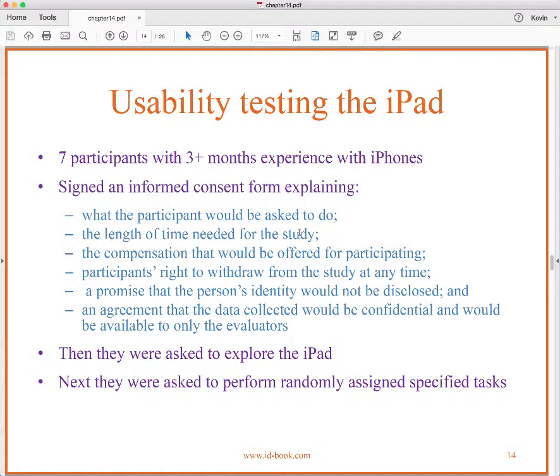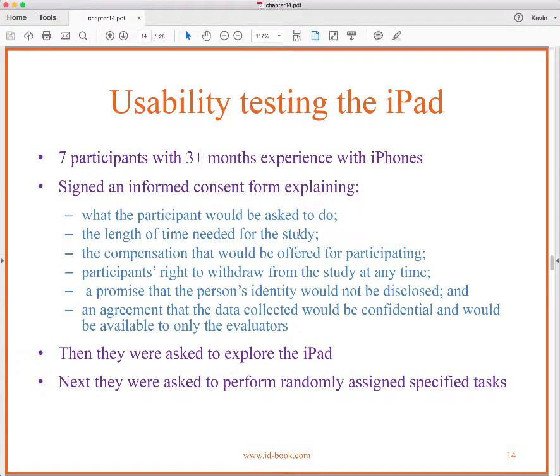There's a great story, I'll call it, in the chapter about usability testing with the iPad. And a couple of cool things. One, this was done in the younger days of the iPad, where people were still getting experience with the iPad.